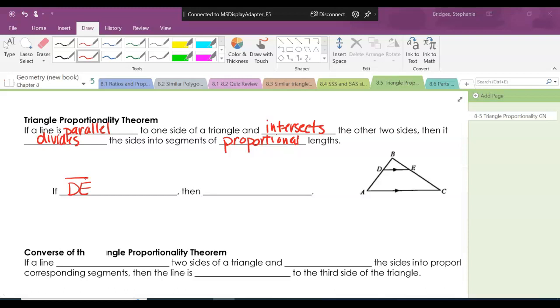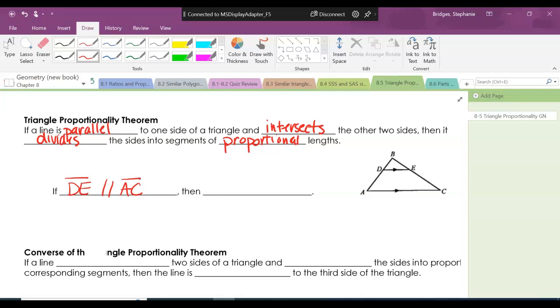Yes. Is parallel to AC. Does it show you that DE is parallel to AC? And then also, does DE touch the other two sides of the triangle? It does. Okay, so that's the intersection.